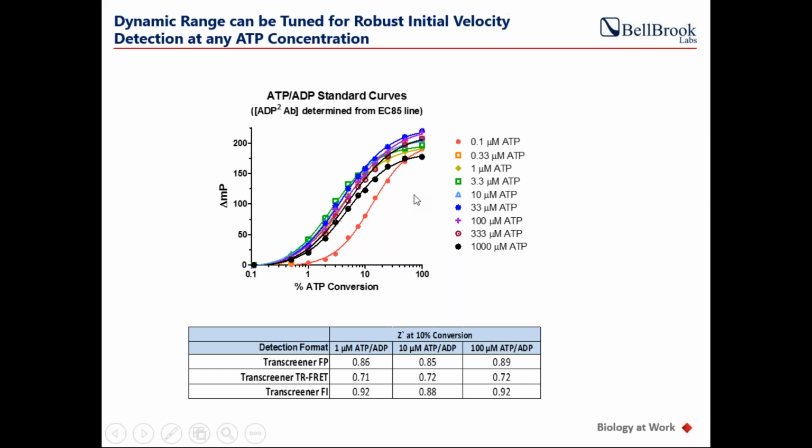And you can see that by adjusting the antibody concentration, we're able to generate essentially identical response curves for the assay using all these different initial ATP concentrations, from as low as 100 nanomolar all the way up to 1 millimolar. So the assay is quite flexible with respect to the concentrations of ATP that you can use.